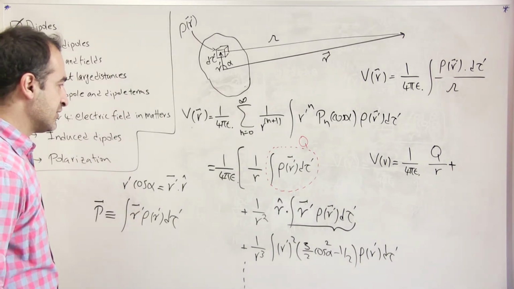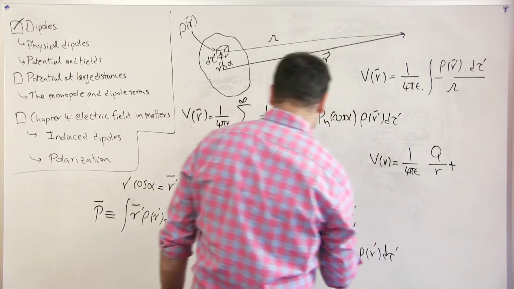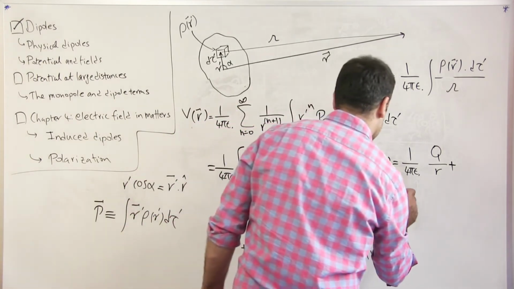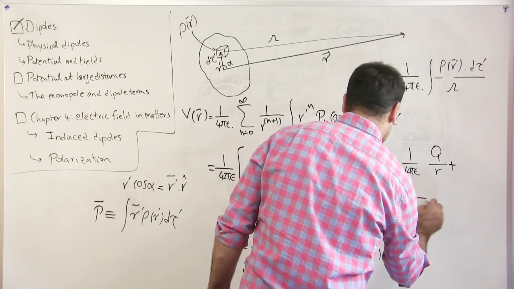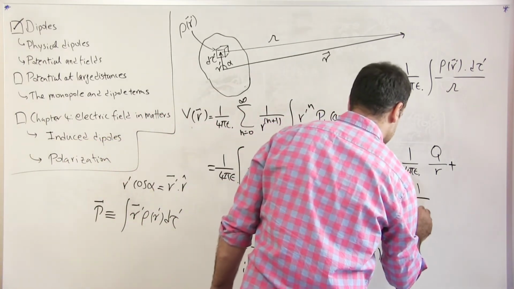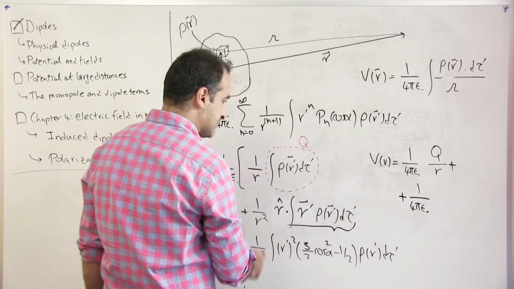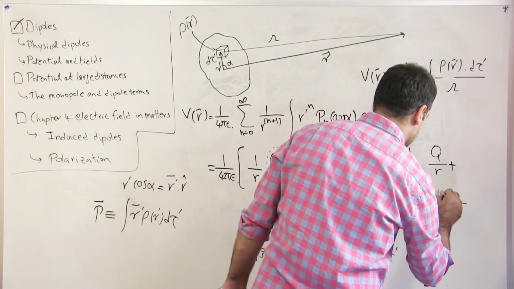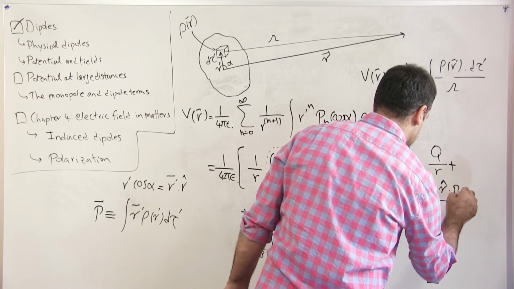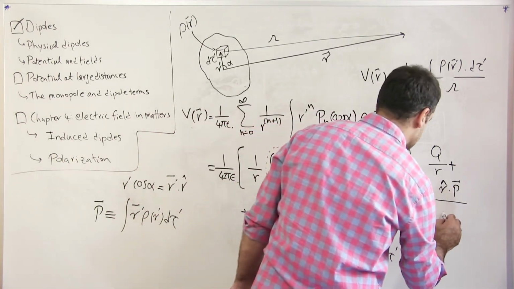If I do that, the next term becomes 1 over 4 pi epsilon 0 times r hat dot p divided by r squared.